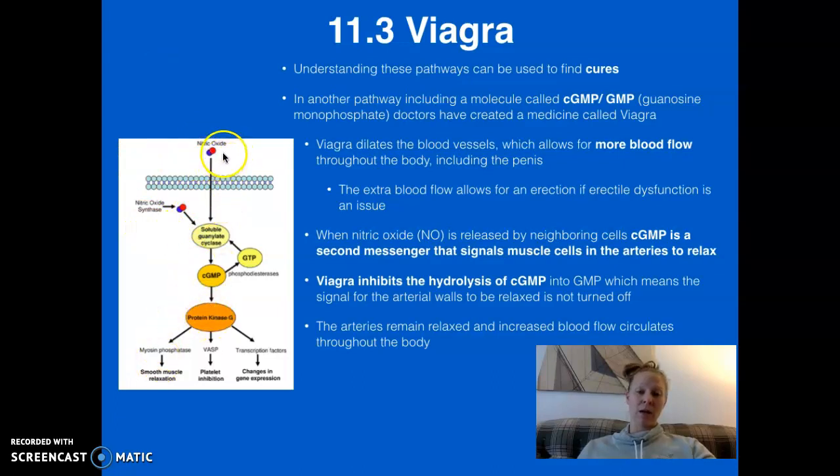When one cell, a surrounding cell, releases nitric oxide, this cell here is going to receive it, and it's going to create a pathway using cGMP as a second messenger, which then is going to create a number of different responses, but one of those is to relax the smooth muscle. That's the muscle that's found in the lining of the arterial walls.